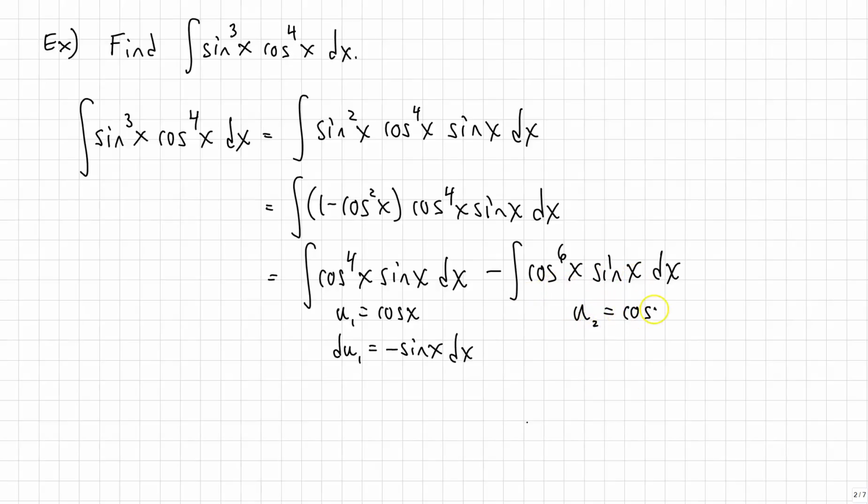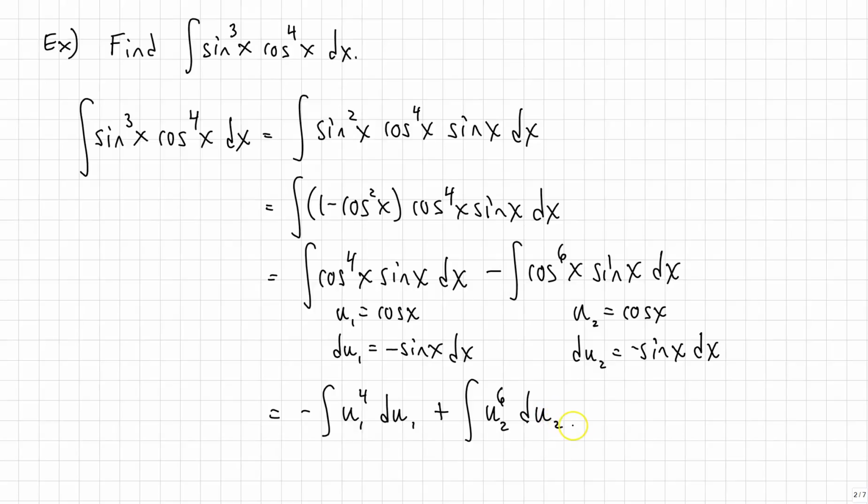Let U be cosine, and then du be negative sine x dx also. So using our U substitution, the first one would turn into U to the fourth du, and the second one would turn into U to the sixth du.